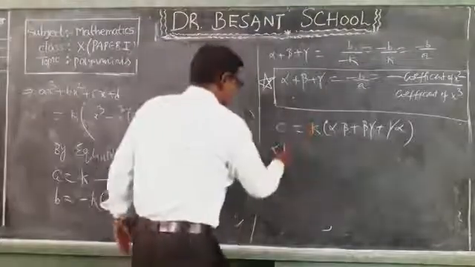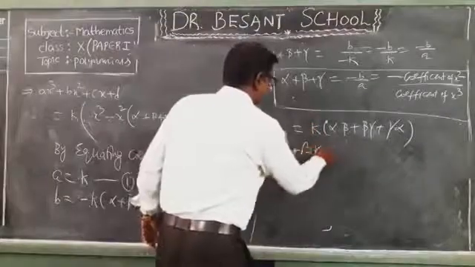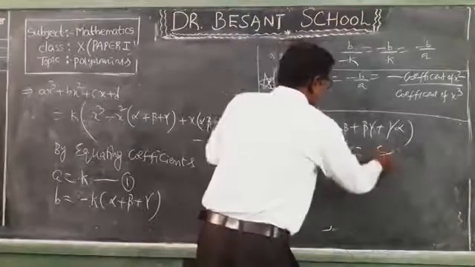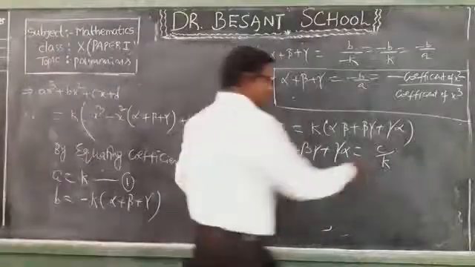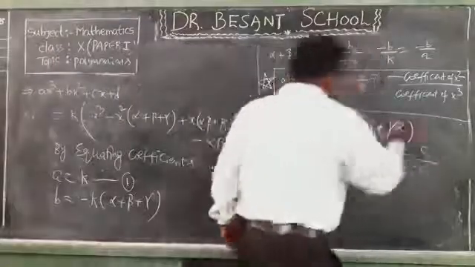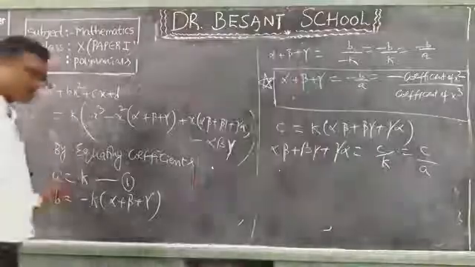Now observe that alpha beta plus beta gamma plus gamma alpha is equal to c by k, and k means a from equation 1.